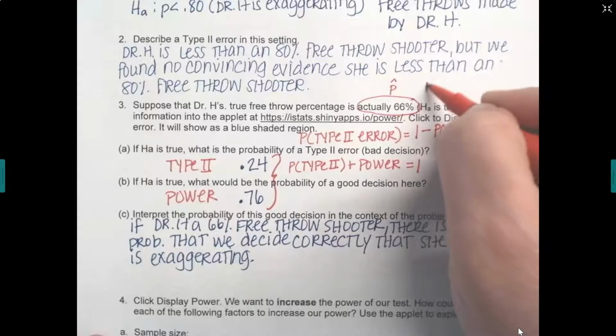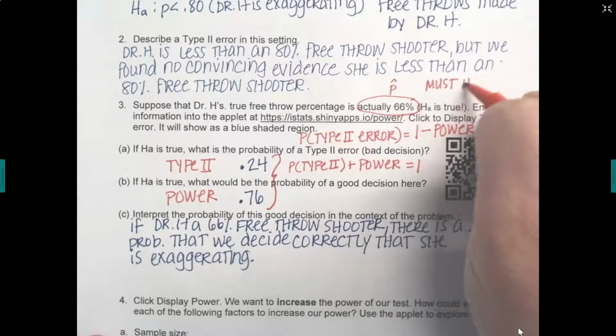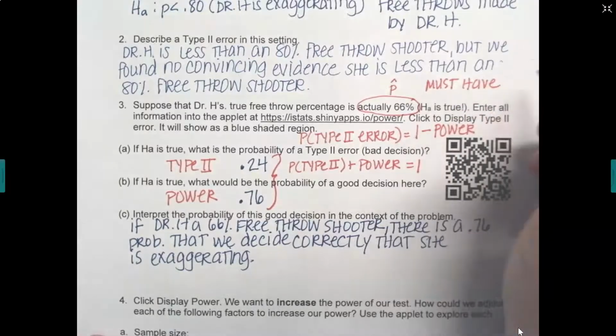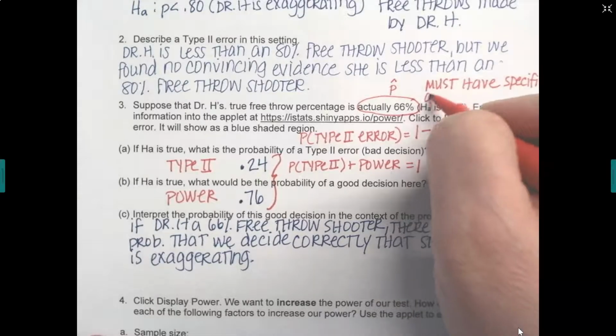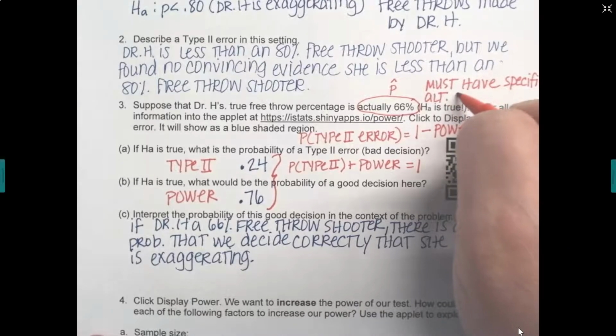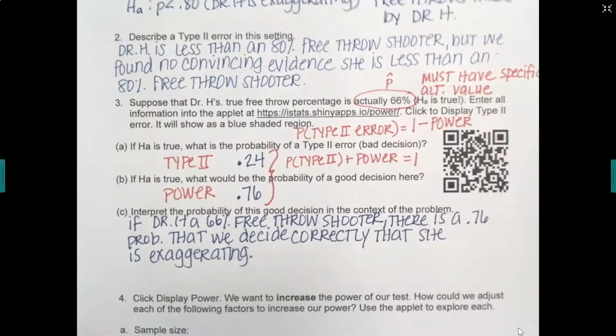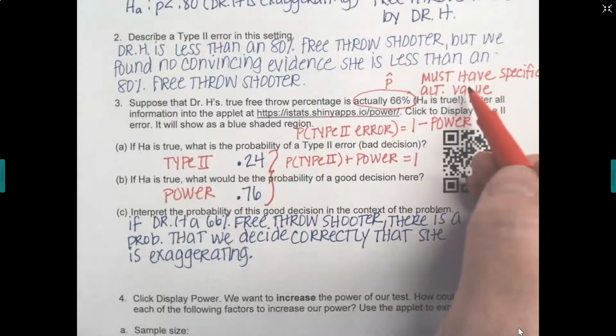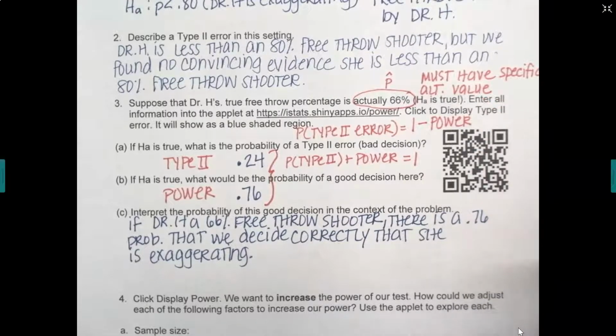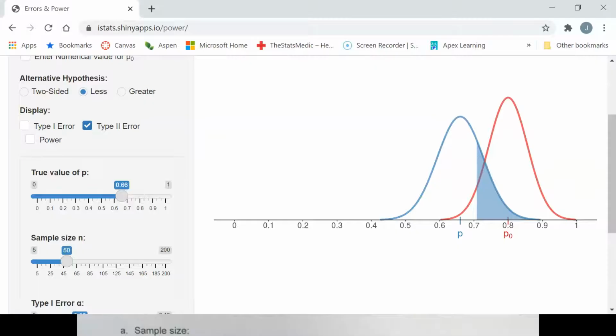You must have a specific alternate value in place, because we're talking about the overlap between the two graphs, this p-hat versus what the claim is, and you're looking for those overlaps in those graphs in order to find your power. So that's what these were. We couldn't have had the blue graph unless I had the specific value of 0.66 from my sample in order to generate it.